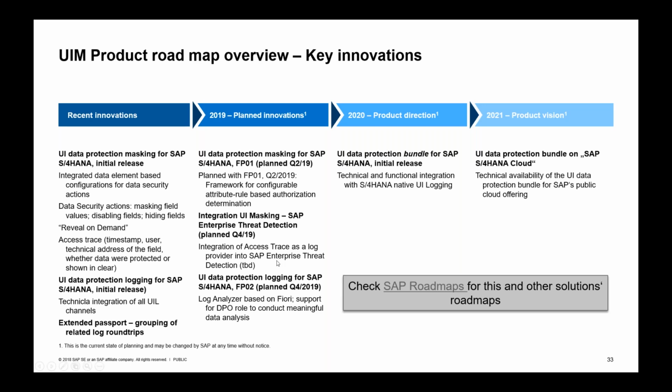From a product direction, we intend to bring together masking and logging. Those products grew separately in different areas. Now they are both with me, and I have the intention of bringing also a technically integrated release of both, because there are benefits that we can leverage. UI logging has a very wide reach of information it can easily collect. That is what masking would need to bring about dynamic authorizations more easily.